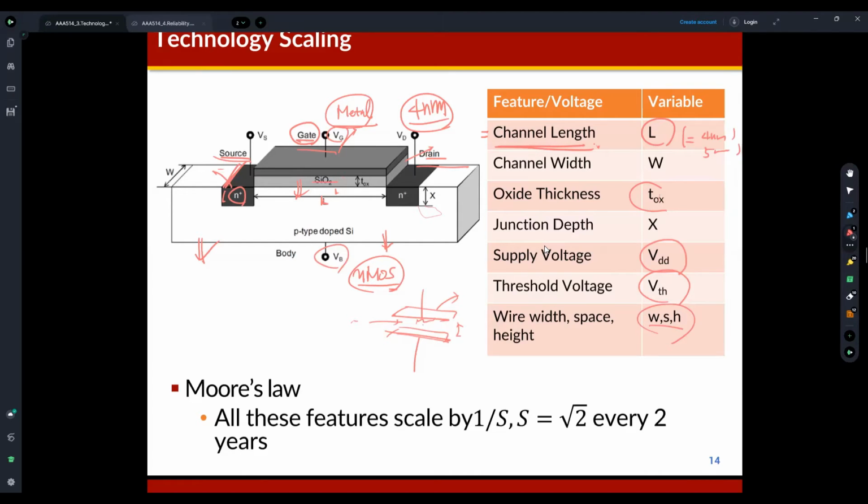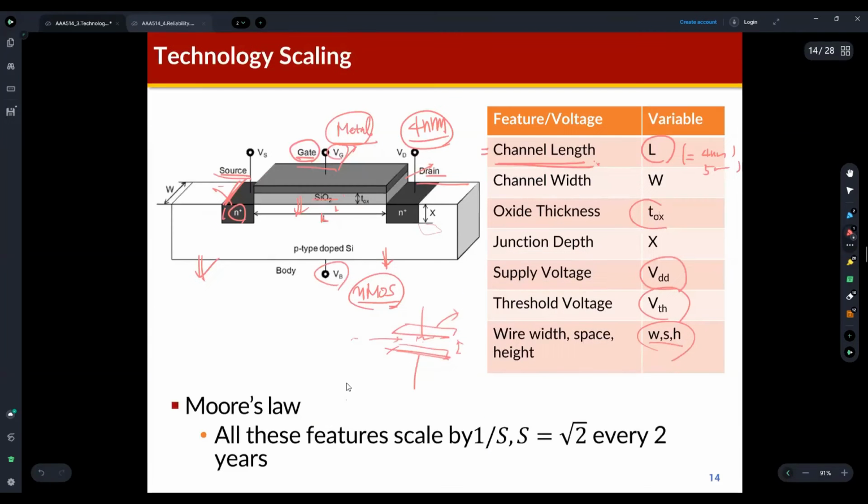And then if we talk about Moore's law, Moore's law means that these factors are scaled down by S. That is called Moore's law.